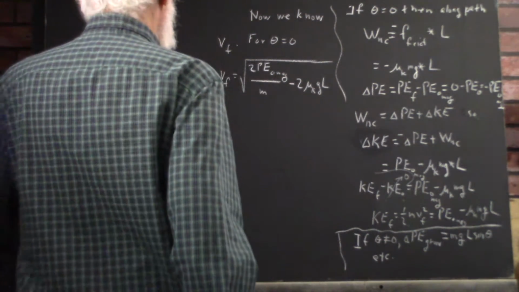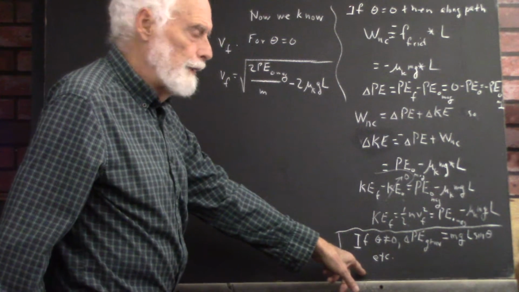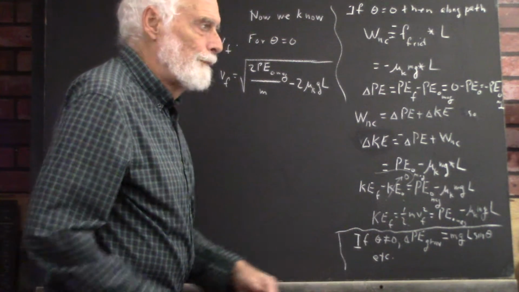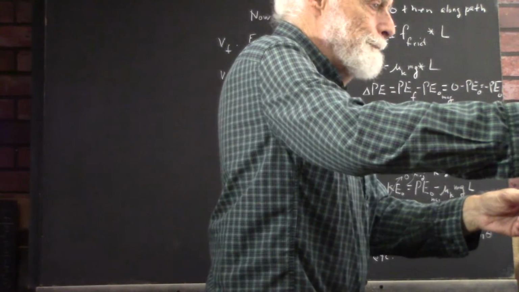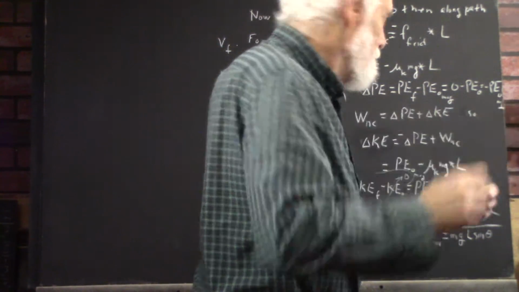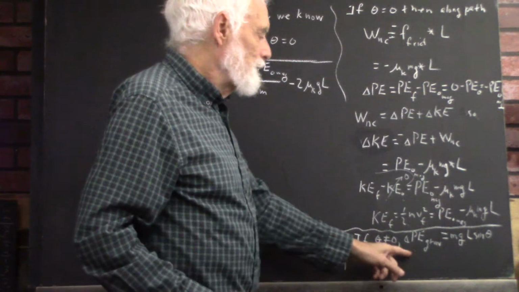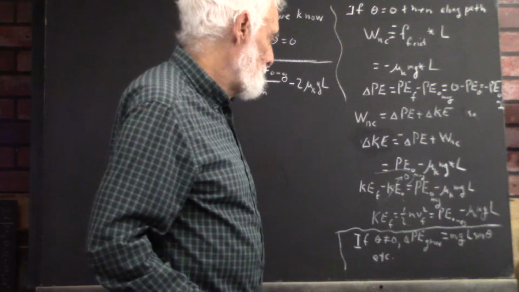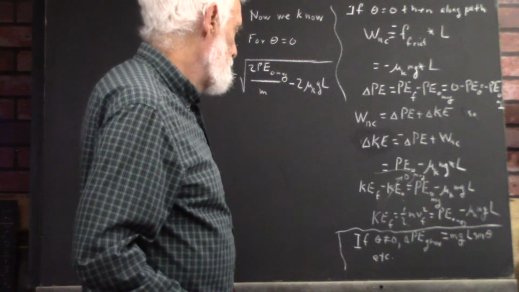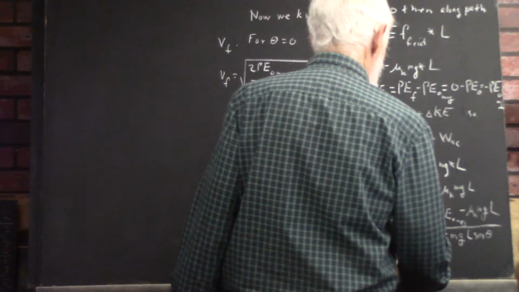Okay, now sticking with the theta equals 0 case, although I've given you a good hint down here as to how you can solve it if theta isn't 0. And one other thing I'll note down here.